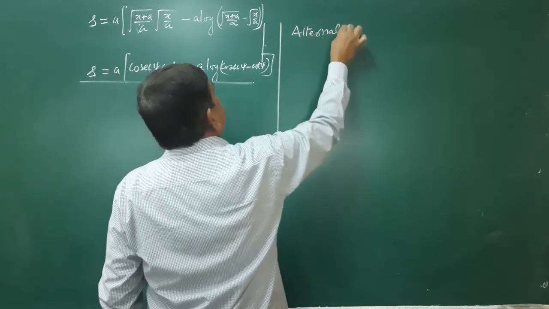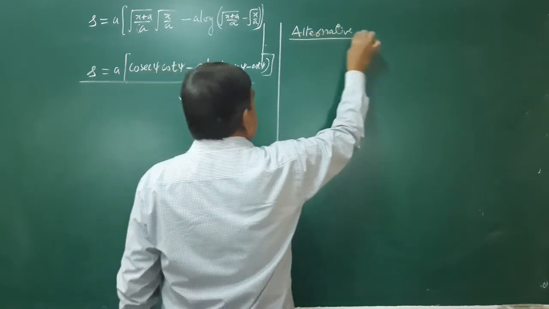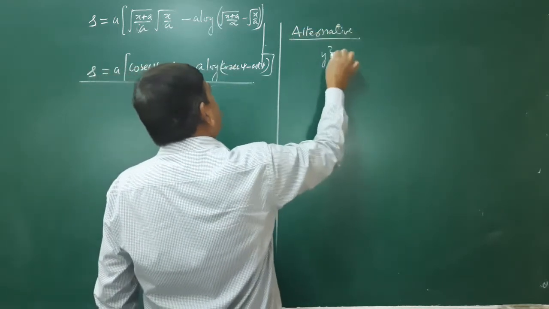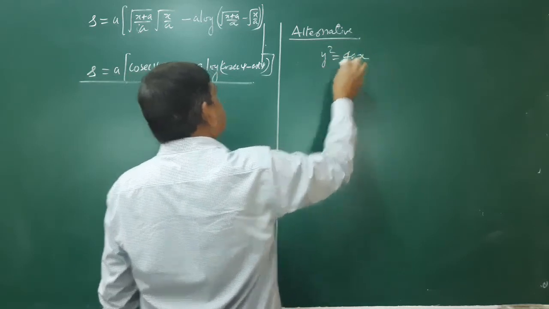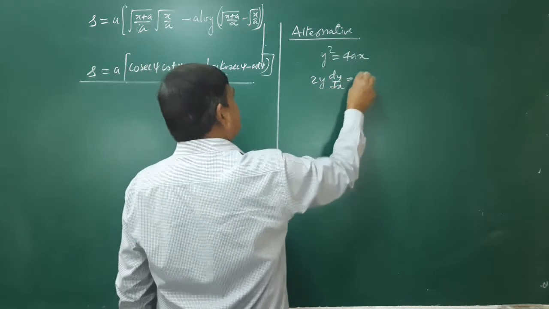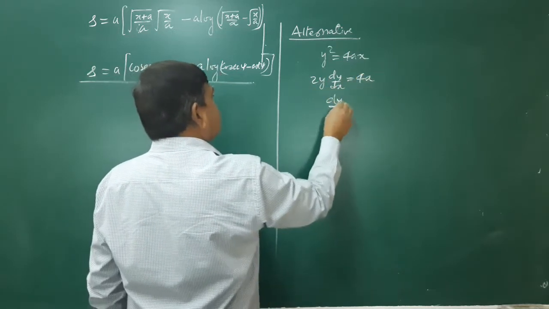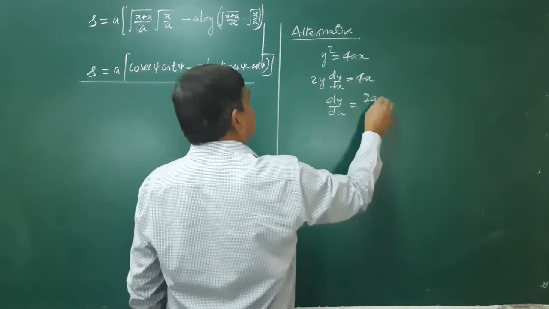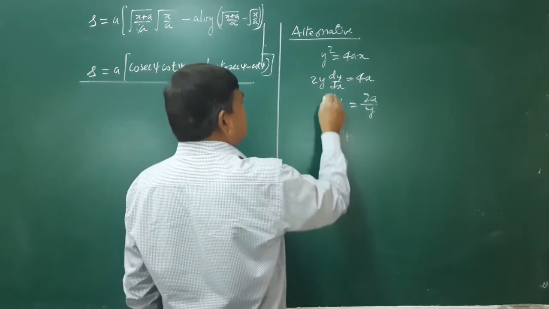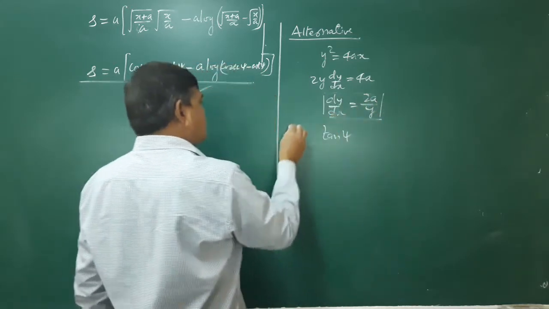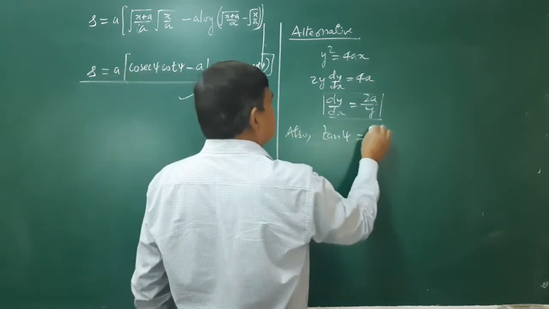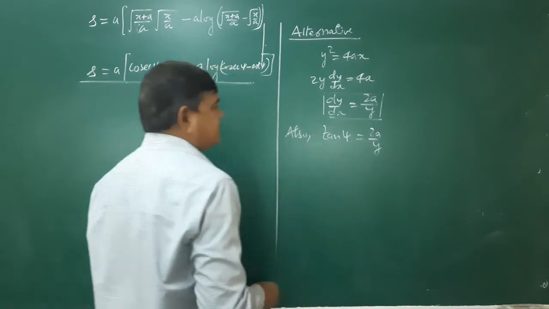Alternative: y square equals 4ax, 2y dy by dx is 4a, dy by dx is 2a upon y, and this is tan psi. Also, tan psi is 2a upon y.